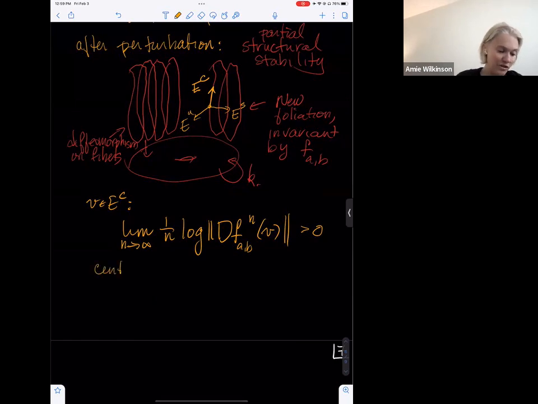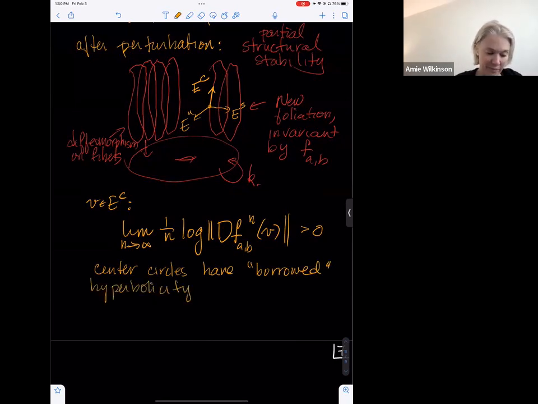So the center, these circles, have, by this silly perturbation, borrowed hyperbolicity from EU. Just because I put a little rotation in there. And now this is what causes pathology.